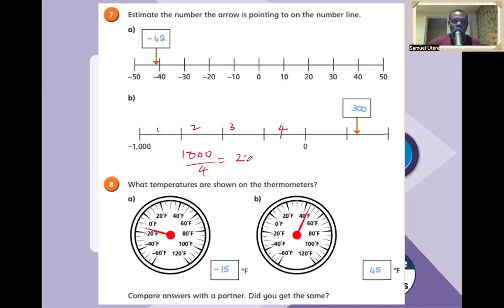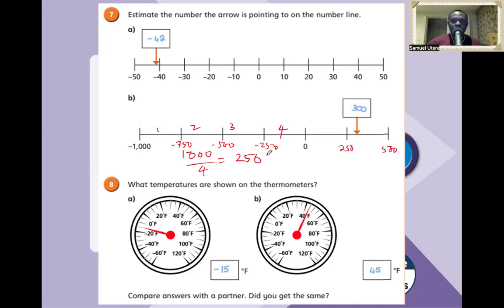So each of them is worth 250. So this should be negative 750, negative 500, negative 250. That should be 250, and that should be 500.